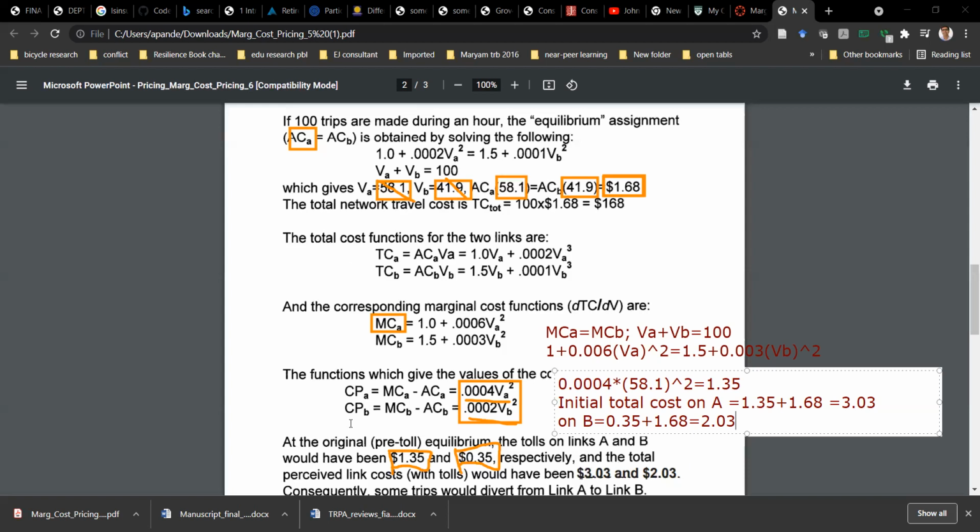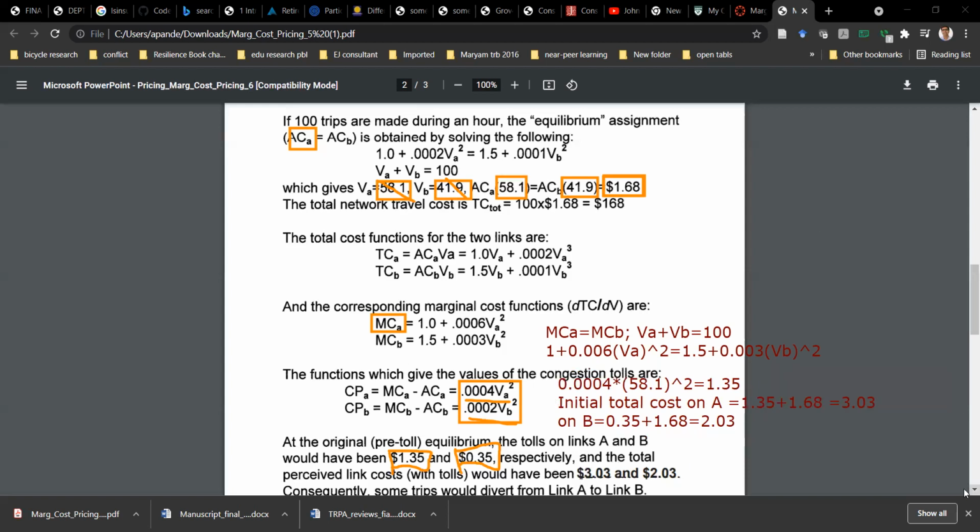So the drivers will ultimately have no incentive to switch when the perceived cost on route A becomes equal to the perceived cost on route B, which, the way we've designed the toll, is nothing but the marginal cost. So perceived cost is nothing but the marginal cost.